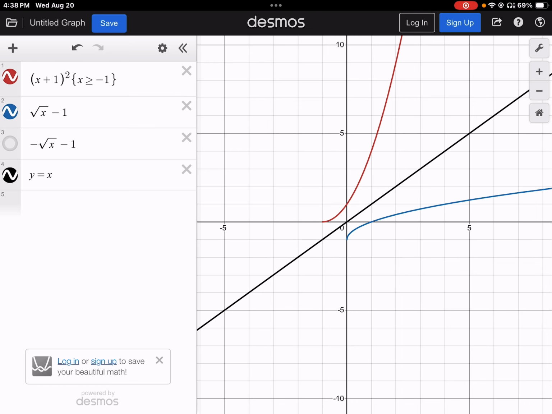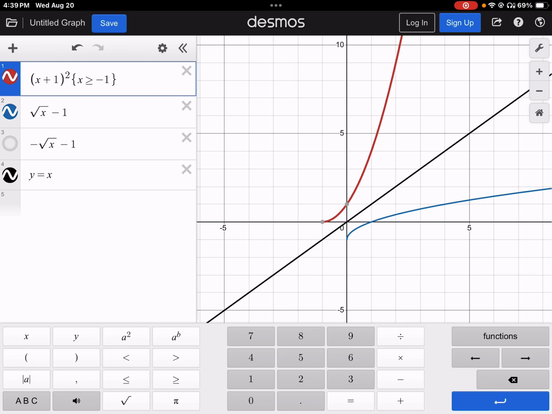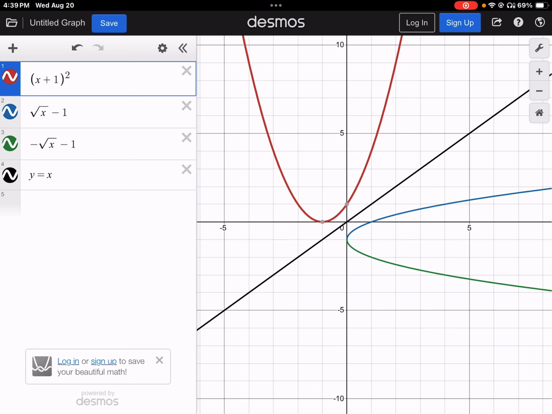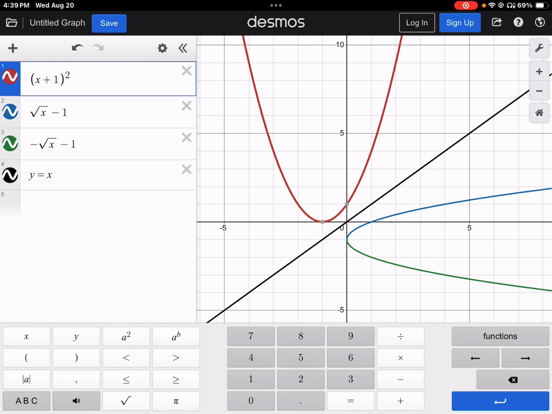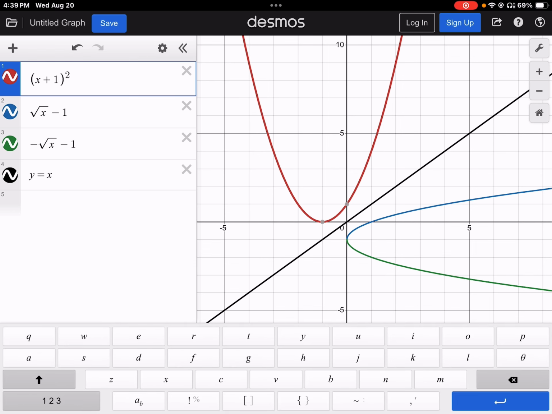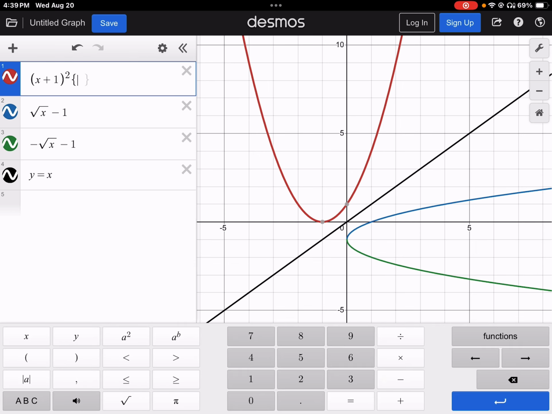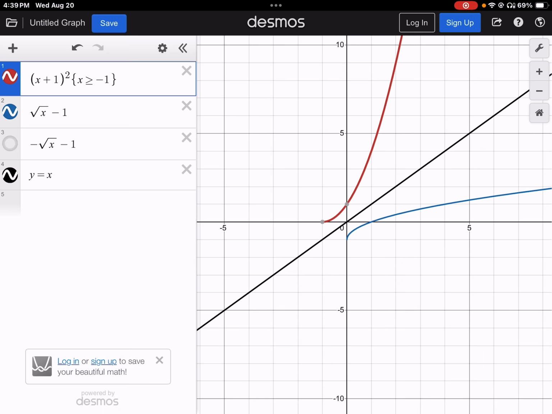So quick recap here. When I did not restrict the entire domain, so if I were to get rid of my restriction again here, when I tried to invert this entire quadratic, I ended up with something that was no longer a function, which is something we don't want to happen. But if I restrict this domain to where x is greater than or equal to where the vertex is, then I get rid of this problem.